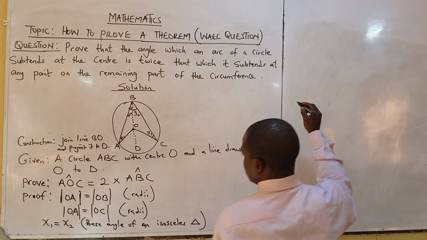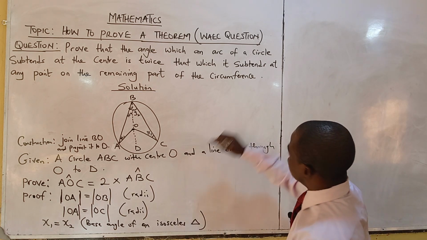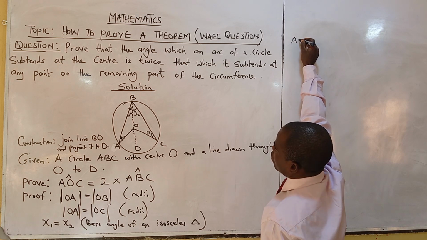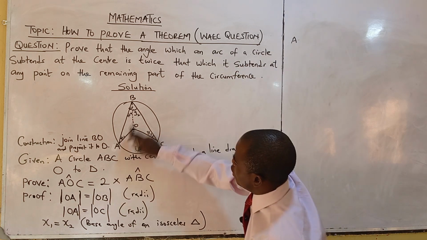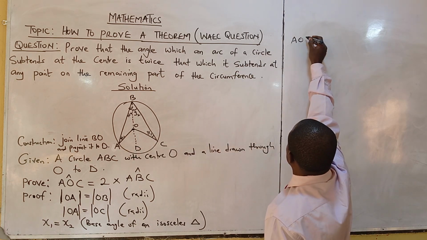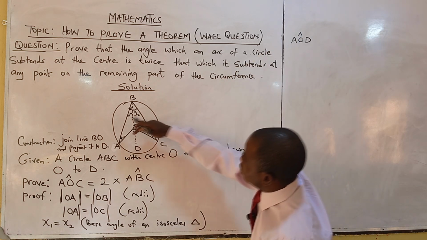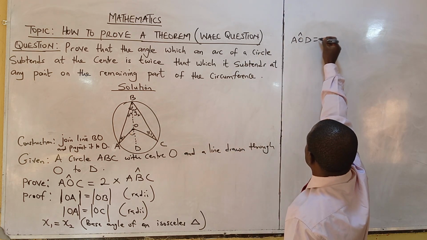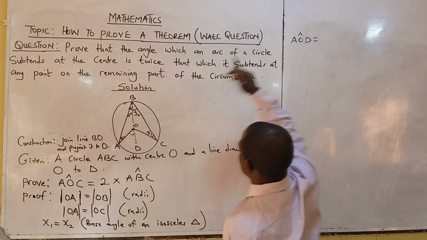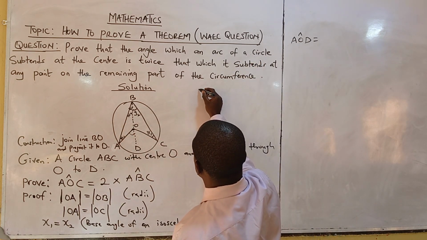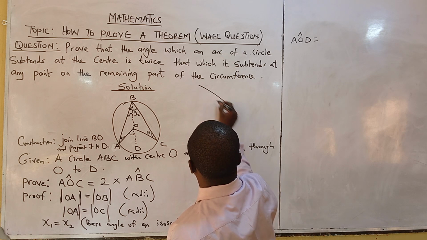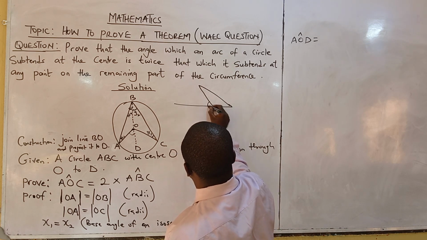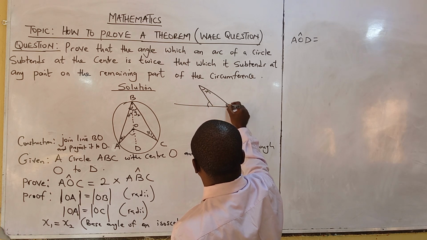Now we can say again that angle AOD equals x1 plus x2. Let me bring it out like this. This angle is x1, x2.